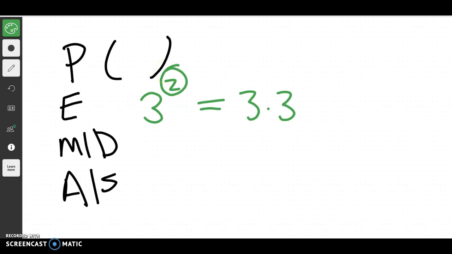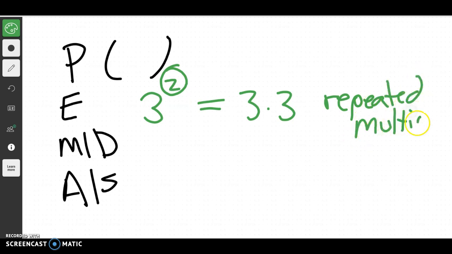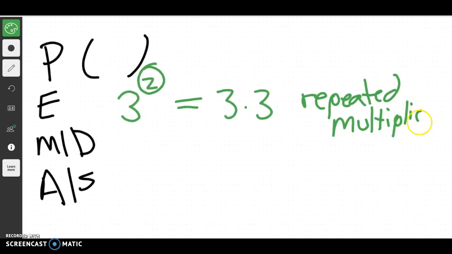So really, what exponents are is repeated multiplication. So that's what it is. It's just repeated multiplication. So if you think about it, if it's repeated multiplication, it should be higher than multiplication.